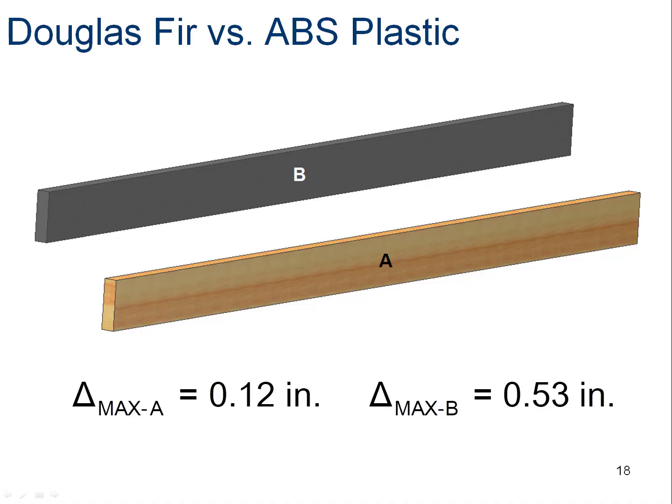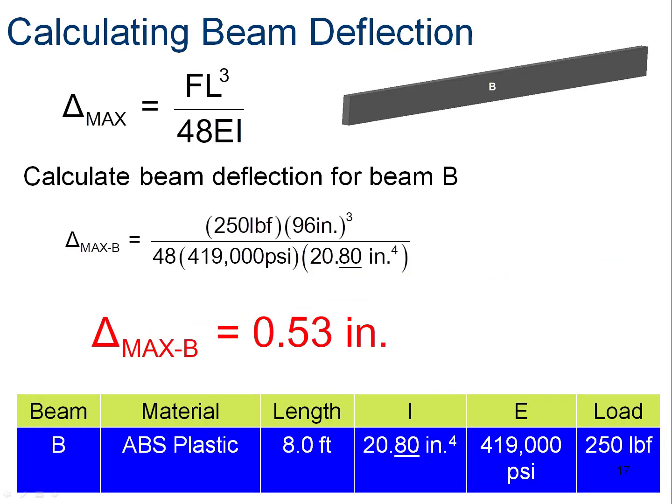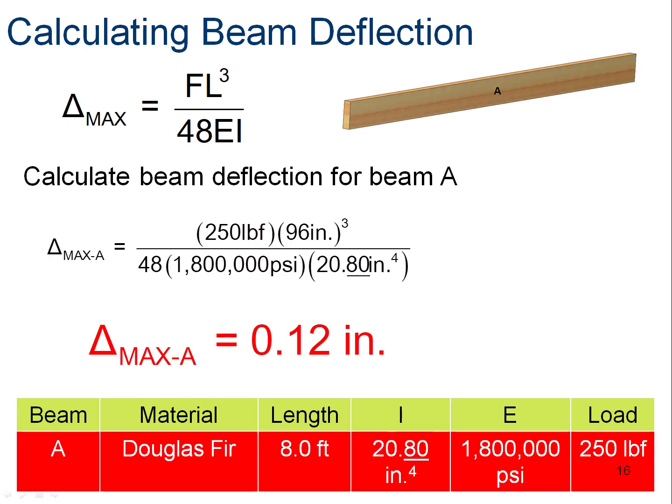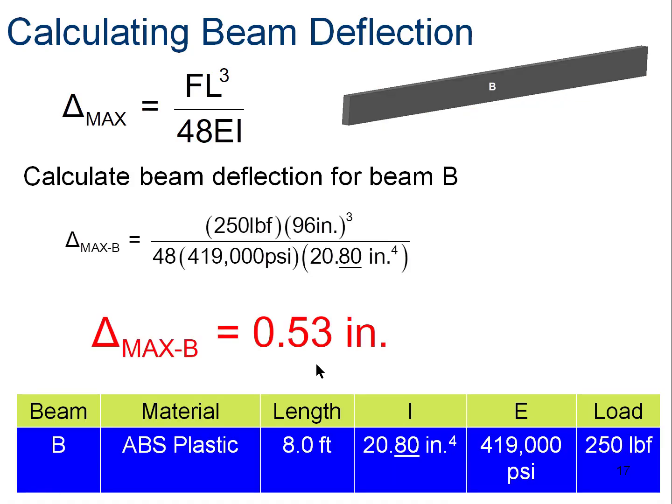Now this was a linear relationship. In other words, my E for beam B is 419,000. My E for beam A is 1.8 million, a little over 4 times as much. Notice my deflection is 0.12 and 0.53, a little over 4 times more deflection. So a linear relationship between the material difference, modulus of elasticity, and the amount of deflection. You'll see from this formula that if E goes up, deflection goes down.